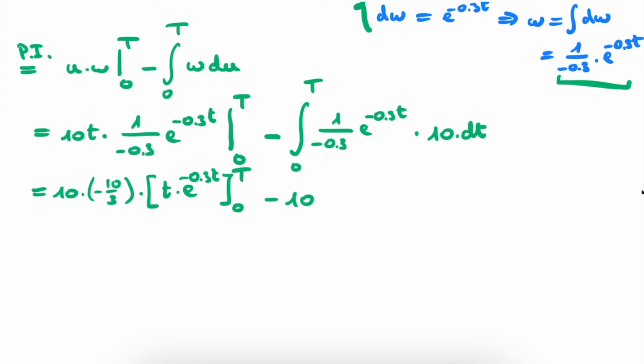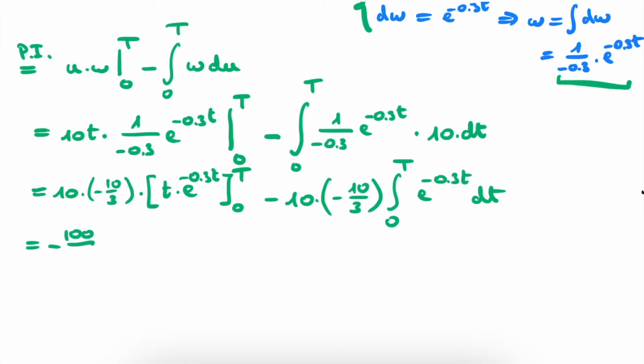So we get 10 multiplied by, again, minus 10 divided by 3, multiplied by the integral from 0 to capital T of e to the power of minus 0.3t dt. And this is already a very straightforward integral to calculate. This becomes minus 100 divided by 3 multiplied by the following.